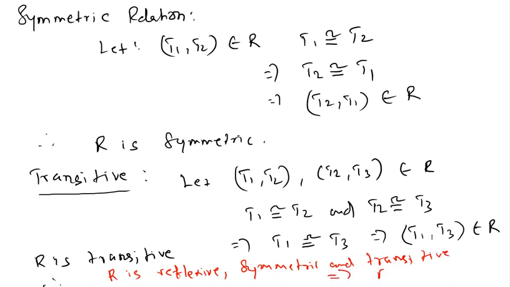And this implies R is an equivalence relation. So this is the definition of an equivalence relation. So we have concluded that for the set of triangles, the congruency relation is an equivalence relation.